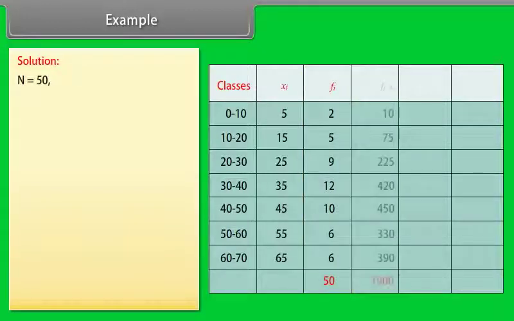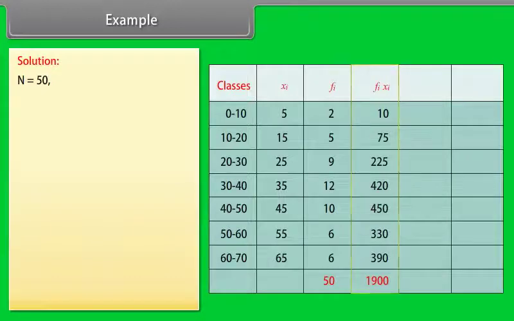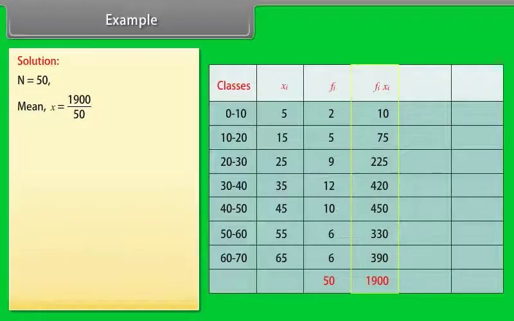In the fourth column, we find the product of fi and xi and their sum is found to be 1900. After that, we find the mean by summing the product of fi and xi and then dividing it by the sum of frequency, that is 50. It is found to be 38.